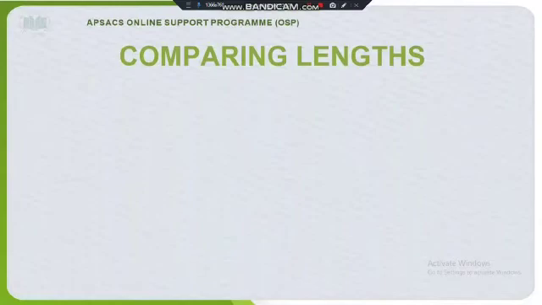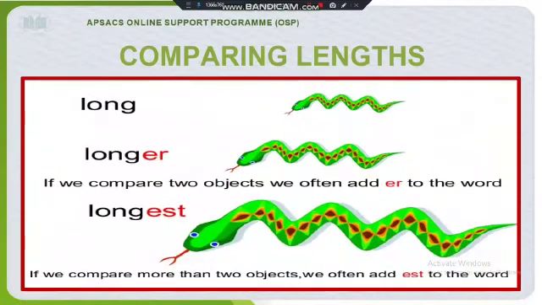Now students, our topic is comparing lengths. Over here I want to recall one thing that you have learned in English also. You see there are 3 snakes. This is a long snake, but this snake is longer than this one. So, if we compare two objects, we often add ER to the word.